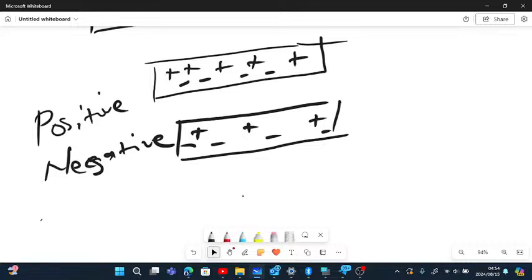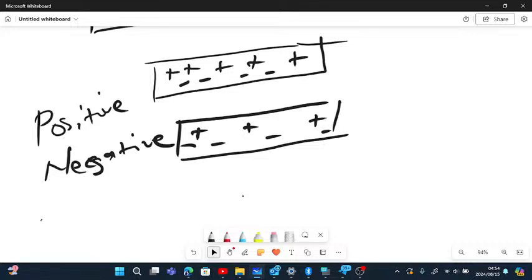So whenever we are doing triboelectric charging, we consider the fact that these objects do not actually have any excess of positive or negative charges.